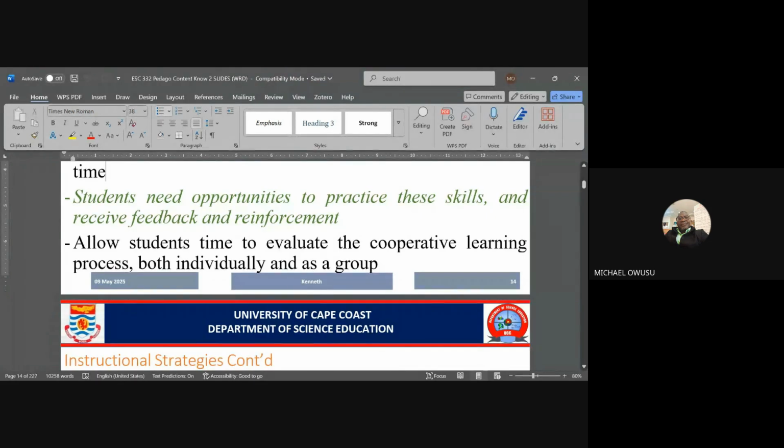Whatever you are doing, please let them also evaluate themselves. It's not only you who will be telling them what they did or didn't do. Sometimes ask them, per the project you produced, per the craft or drawings you have made, how do you assess it? Let them also be assessors, not you alone as a teacher.